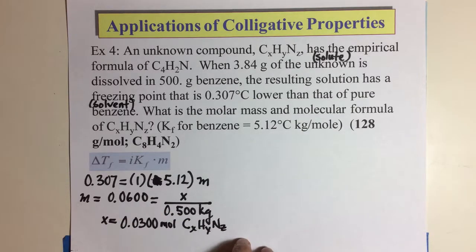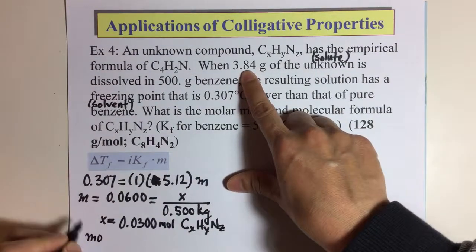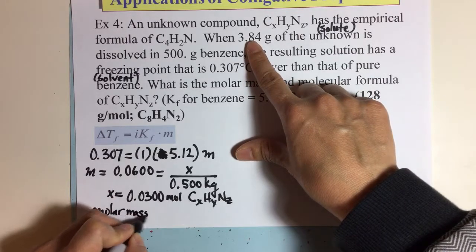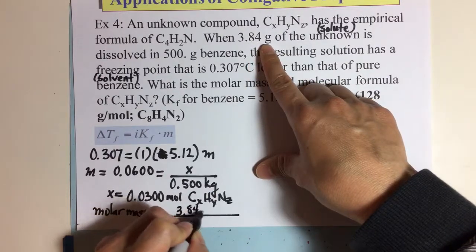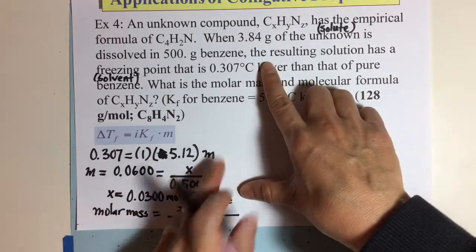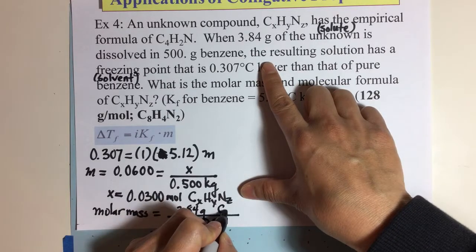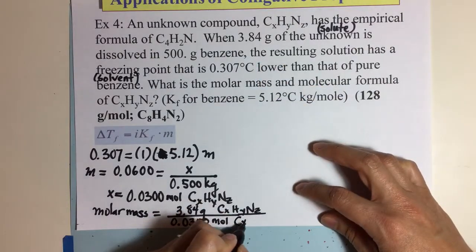Now, to find the molar mass, I'm going to need the mass and the moles of my unknown. Right here I'm doing molar mass calculations. Molar mass is the mass of my unknown, which is 3.84 grams, over the moles of my unknown, which I found through the molality, and this is all CxHyNz, same substance.